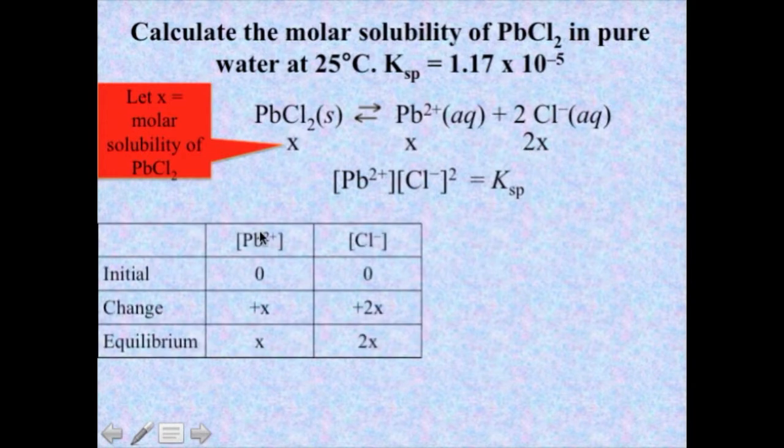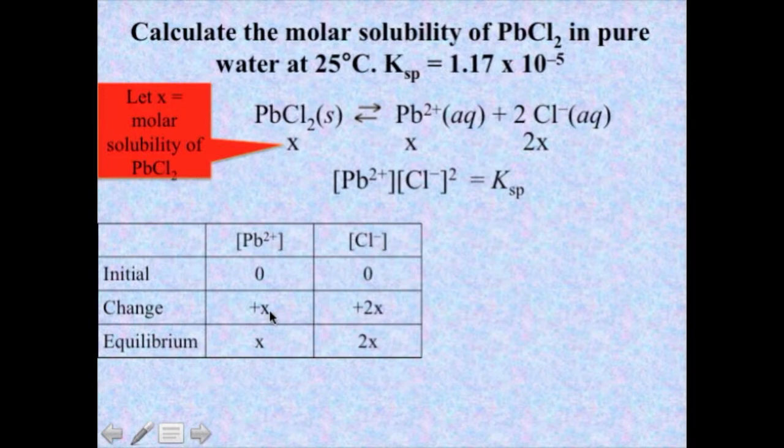So now we can fill in our ICE expression. For the initial concentrations, we have 0 for the lead concentration and 0 for the chloride ion concentration. And as the lead chloride dissolves and forms equilibrium, we form plus X molar of lead ion concentration and 2X molar of chloride ion concentration.